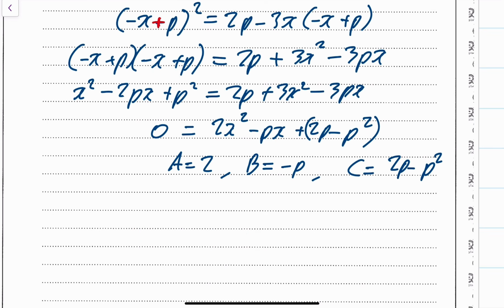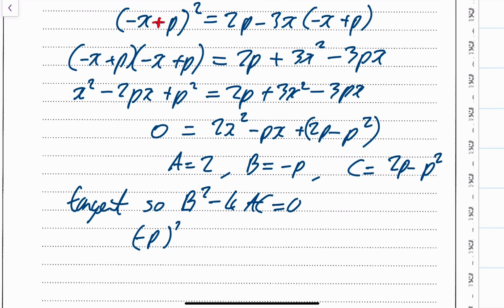Okay, so then we want to say tangent, so b squared minus 4ac equals 0, and I would write that in. They probably want you to demonstrate that you understand if it's a tangent, your discriminant is going to be 0.